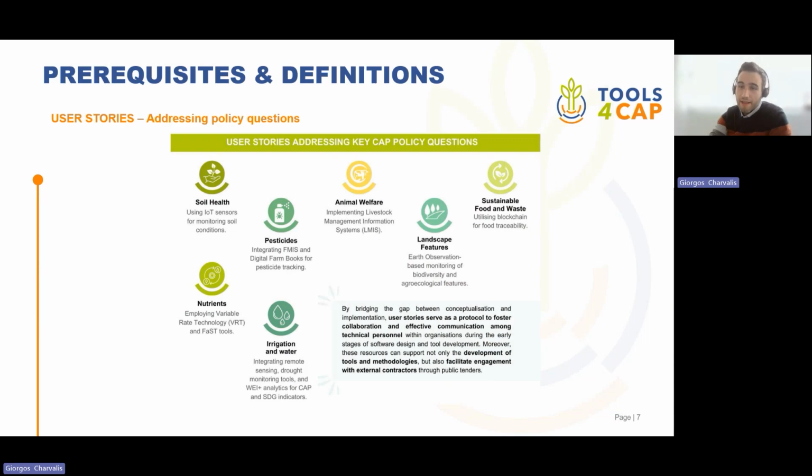The reasoning behind selecting the specific domains or thematics of the user stories is that the new FSDN legislation focuses on those, and since they have to do with environmental and sustainability goals, we are ensuring that the deliverable will stay relevant in the future also.